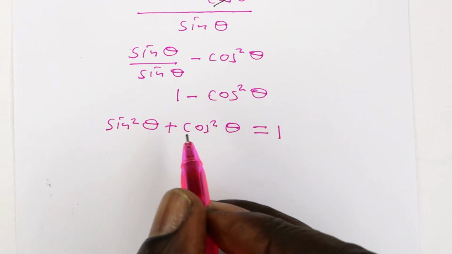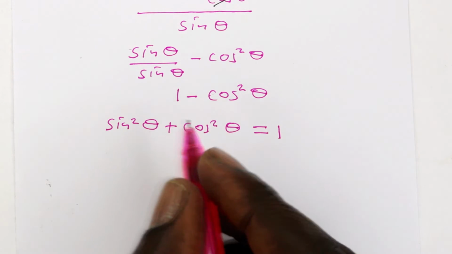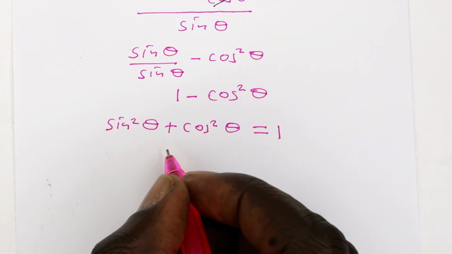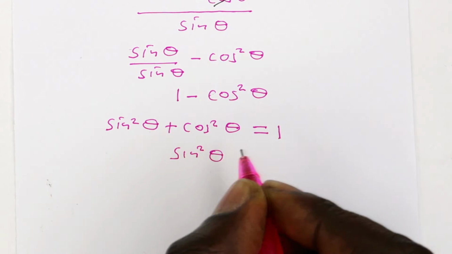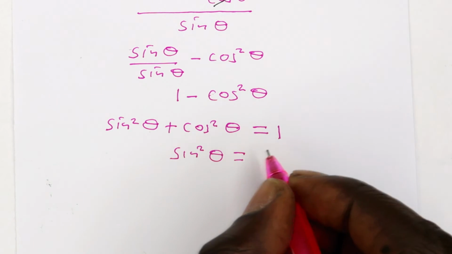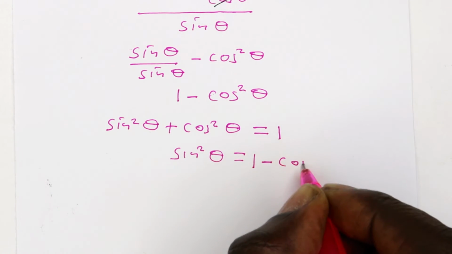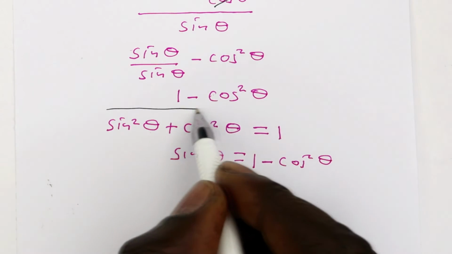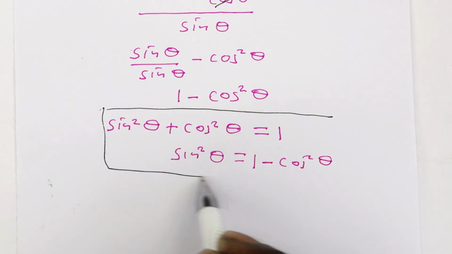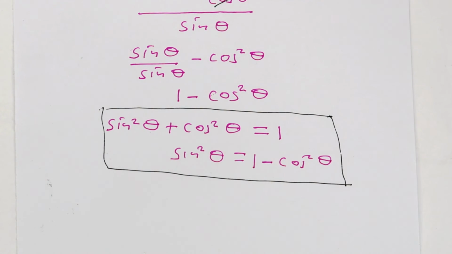So you can rewrite sine in terms of cos, so that sine squared theta, if you take cos to the side, it will be 1 minus cos squared theta. So we can use this identity to rewrite our result there.